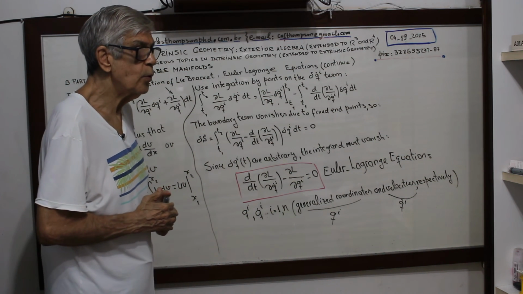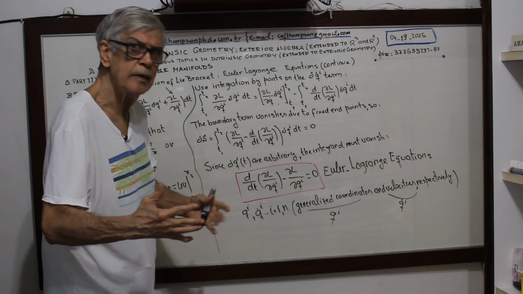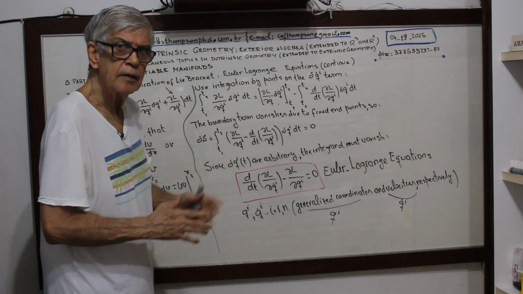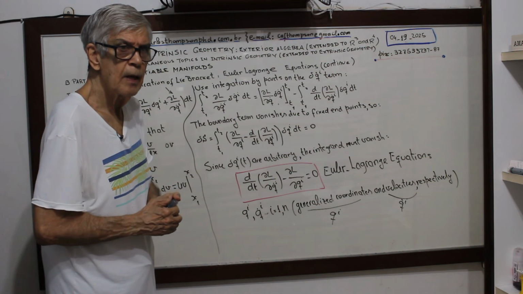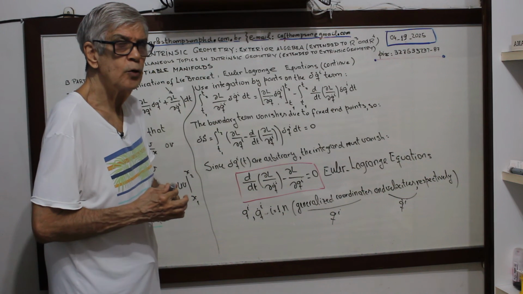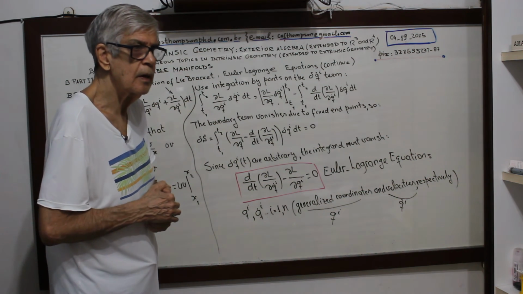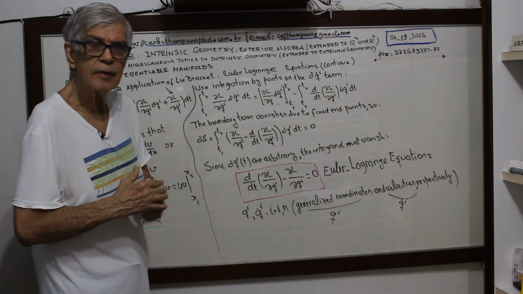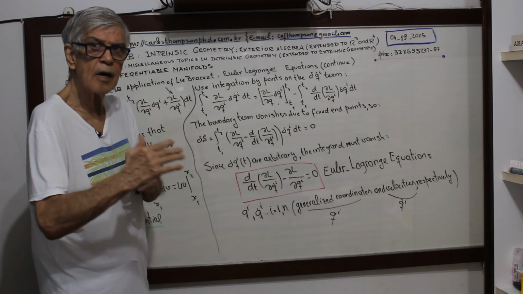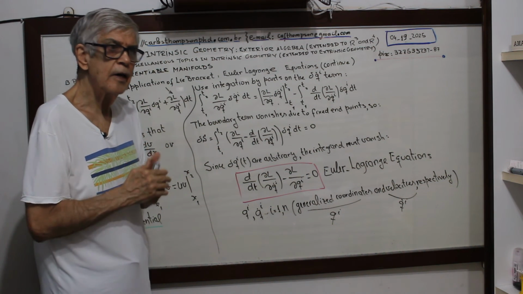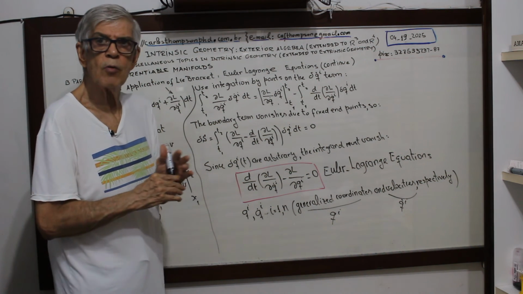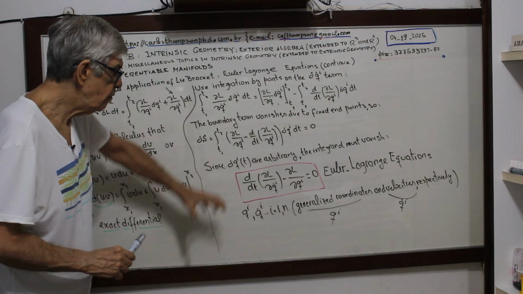Now I will define the Hamiltonian from the Lagrangian and show, using the Legendre identity, that the Lagrangian and Hamiltonian lead to the same physical problem. That's very important.